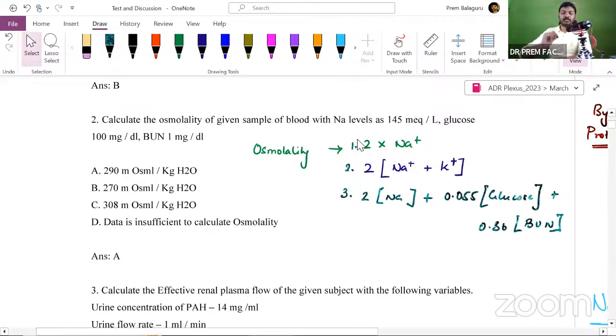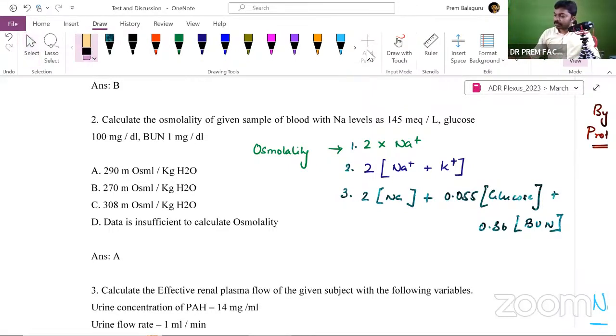So to calculate osmolality, you have 3 different formulas. You can use any of the formulas based on the variables given in the question. But anyway, guys, the time-saving method is formula 1, 2 into sodium levels.